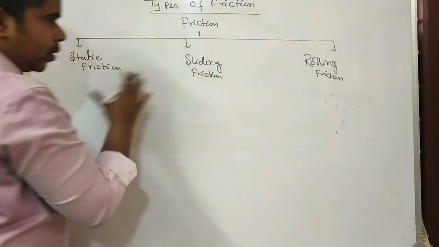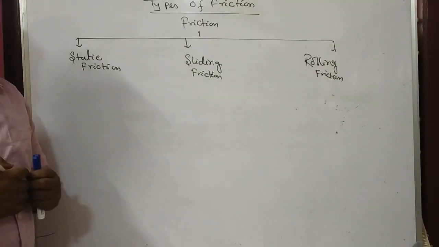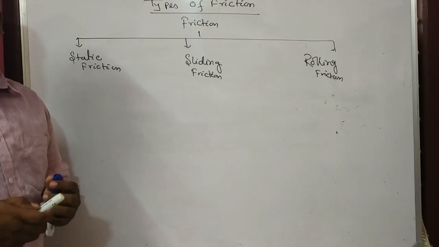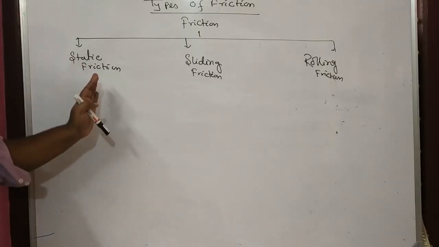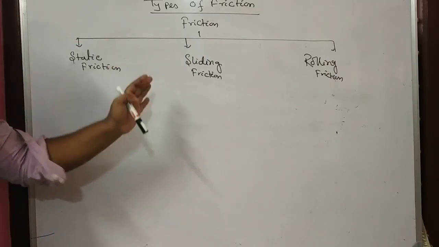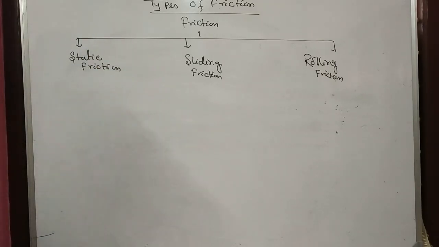These three types we have to explain one by one, so please listen properly, otherwise you won't be able to understand. First I am writing the definition of static friction, and then I will explain each and every part of the three different types of friction.